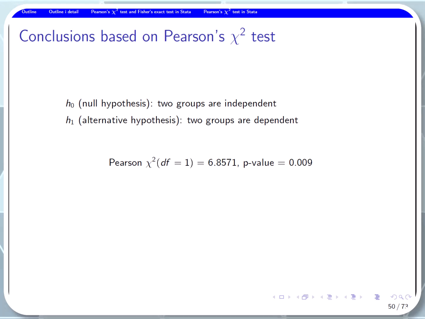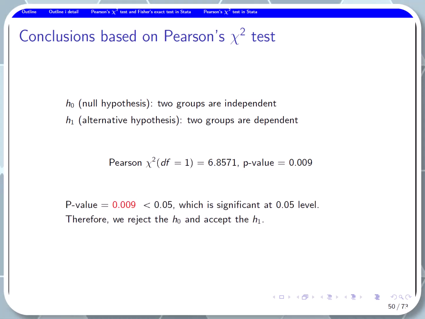Pearson's chi-square value is equal to 6.8571 with 1 degree of freedom. The p-value is equal to 0.009. Because the p-value is smaller than 0.05, which is significant at the 0.05 level, we reject the null hypothesis and accept the alternative hypothesis.